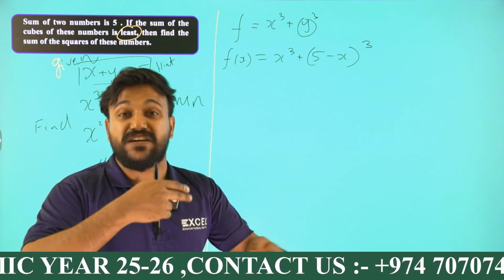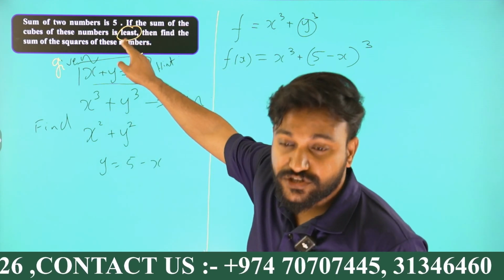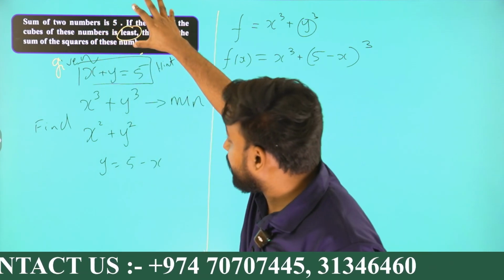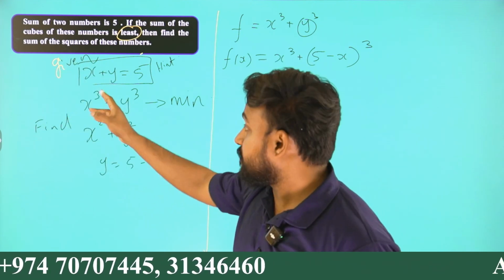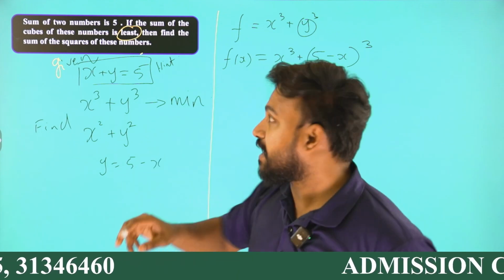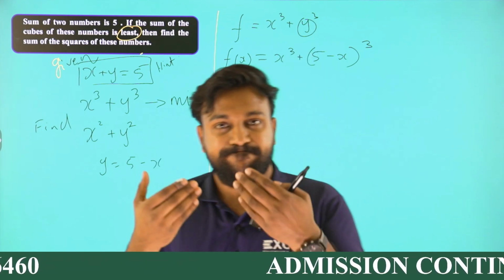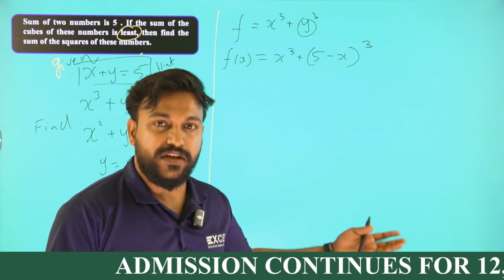The two variable function is converted into a single variable function. They didn't give you any function here, but we created the function x cube plus y cube, which is also a two variable function, and they gave you one hint. From that hint we make the single variable function. Now go for the critical point, second derivative, find maximum or minimum.